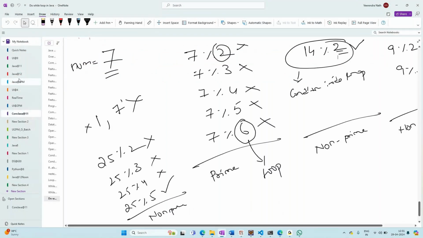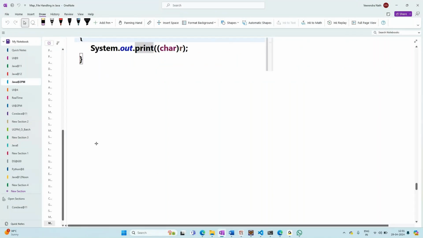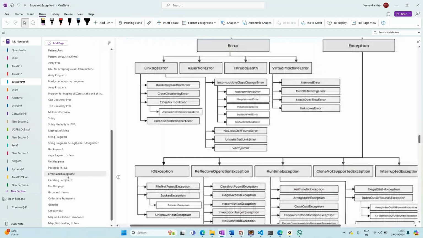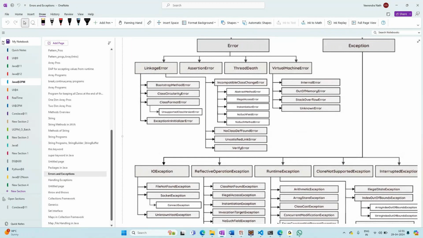Let me go for errors and exceptions, yeah, this one. These are all the exceptions basically. Copy this.